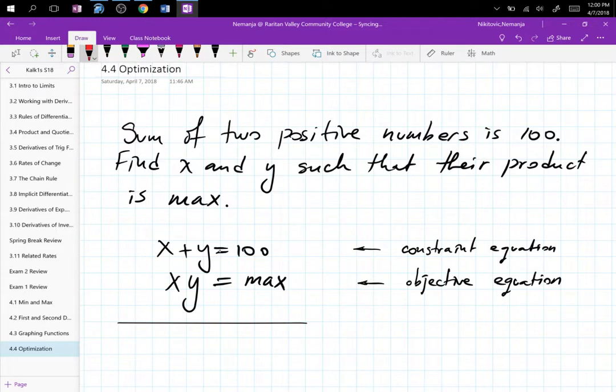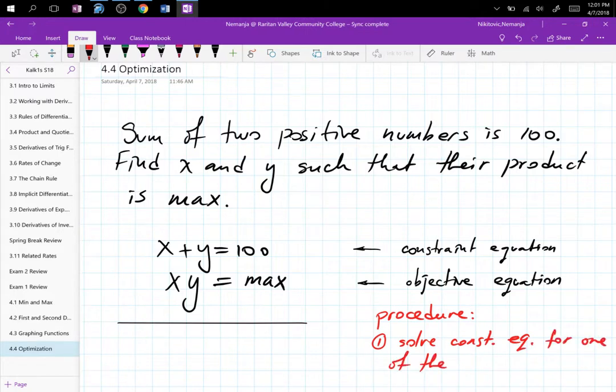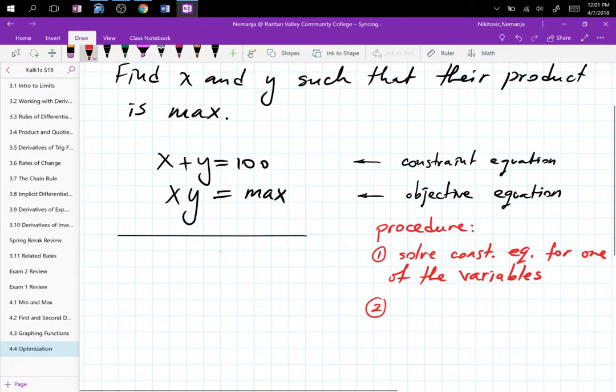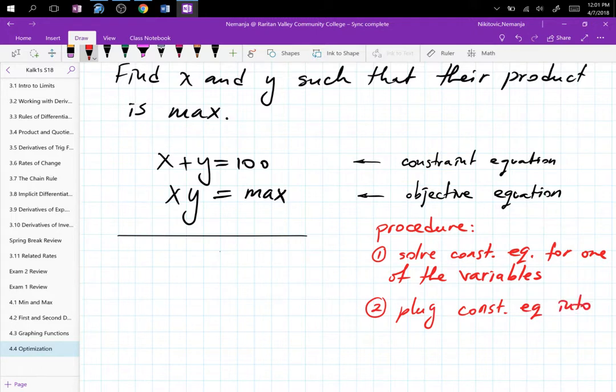Now, the procedure to solve the problem. Number one, solve the constraint equation for one of the variables. Number two, plug the constraint equation into the objective equation to eliminate one of the variables.